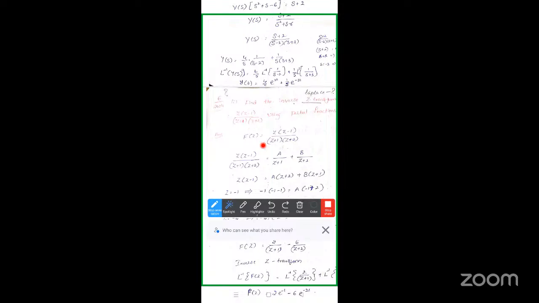So F of z is equal to z into (z minus 1) by (z plus 1) into (z plus 2). We can write partial fractions: A by (z plus 1) plus B by (z plus 2).